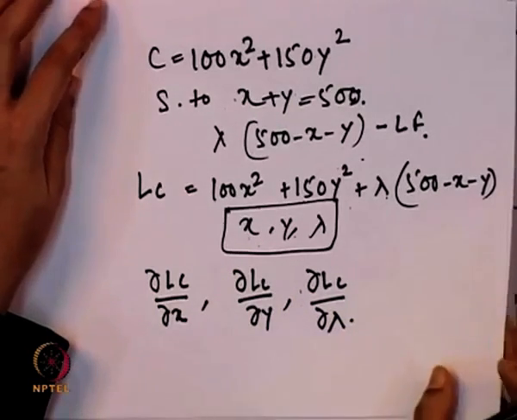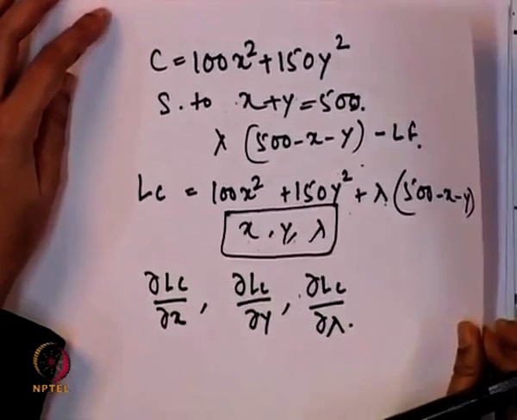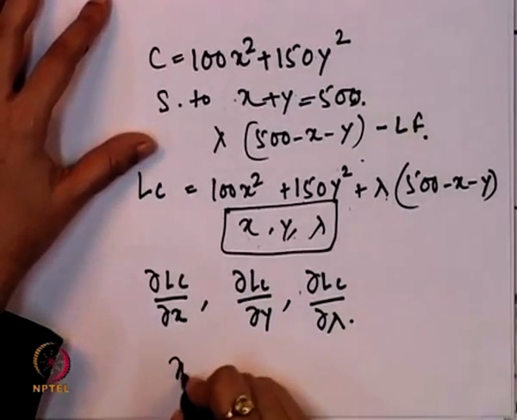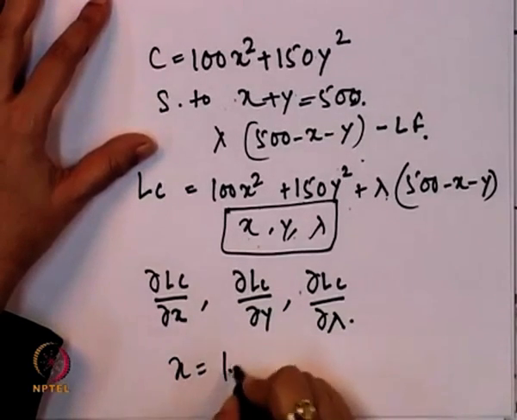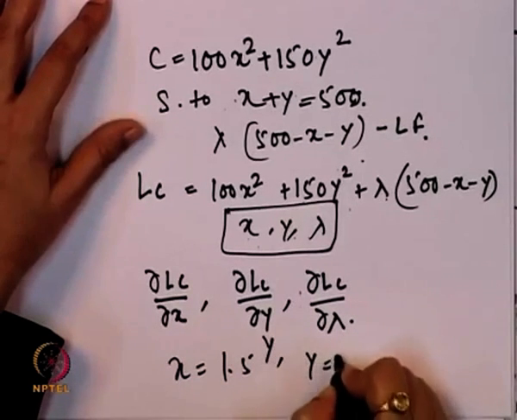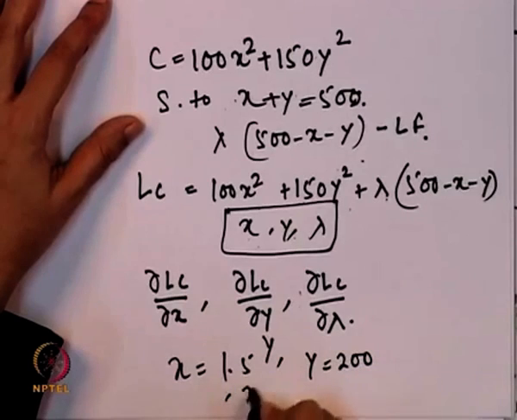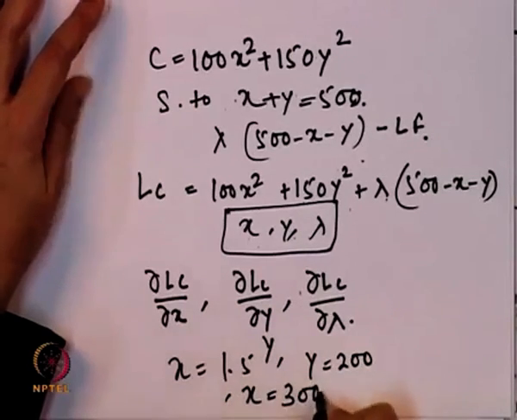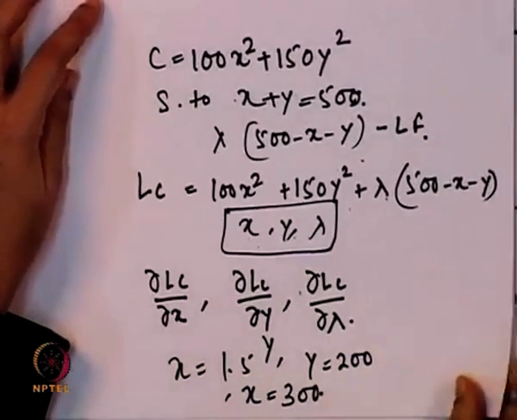Okay. And after getting the equations, again we can get the value of x as 1.5y. So, that comes to y equal to 200 and x equal to 300, and from there we can get the value of the cost and the value of the Lagrangian multiplier.